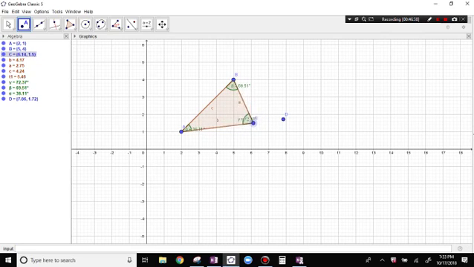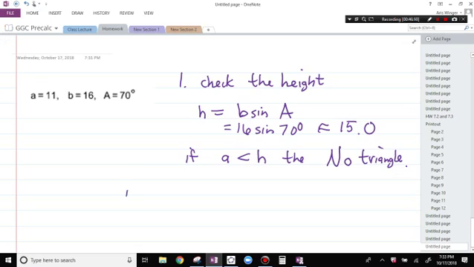No matter where it is, if it's less than that height, there's no way it can touch the base. So for this one, the answer is there's no triangle that has these properties. And we'll write the steps out for the next one, which probably has 2 triangles, okay? So on my map, it will say no triangle.